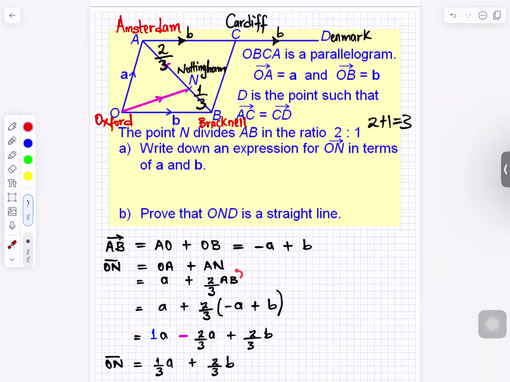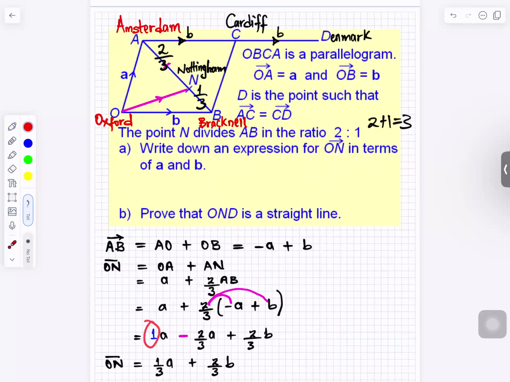So you know 2 over 3 AB is that, and AB is minus A plus B. You remove the brackets. Be very careful here. 2 over 3 times minus A gives you minus 2 over 3 A. 2 over 3 times B gives you 2 over 3 B. Now, this A there has a 1 in front.